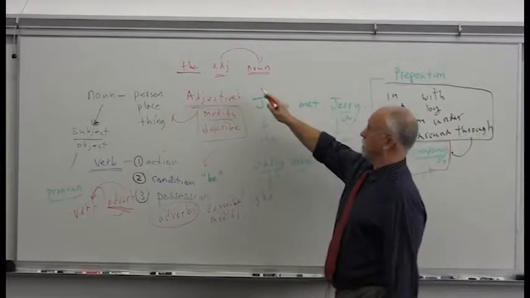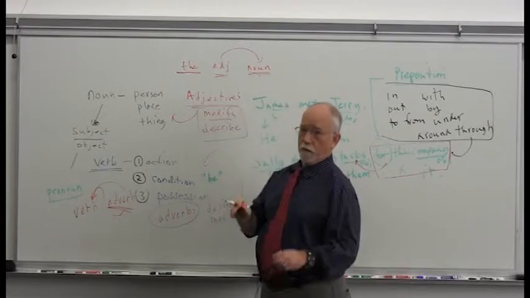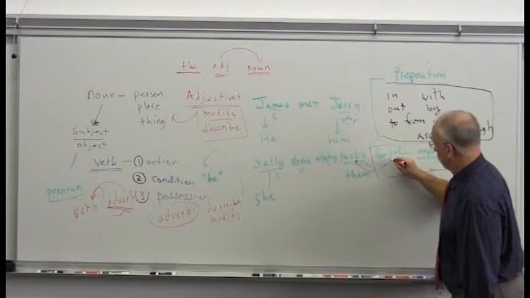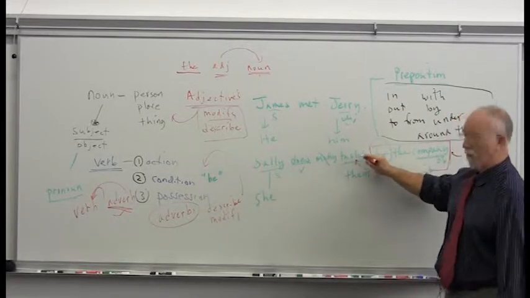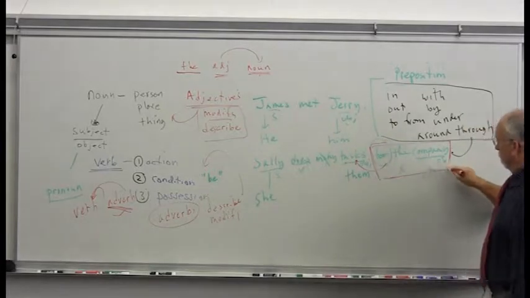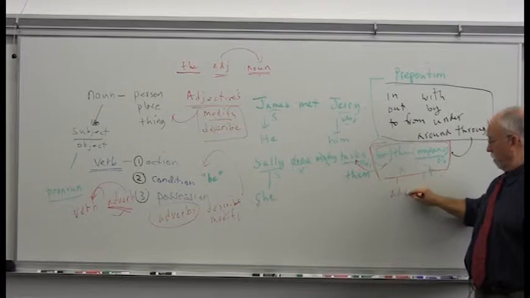So while a one-word adjective will come before the noun, sometimes we have these phrases that serve as adjectives and come after the noun to describe what kind of task it is. So this prepositional phrase serves as an adjective.